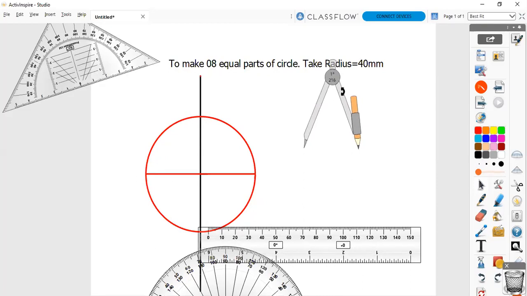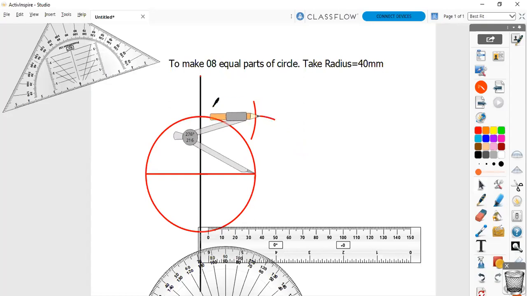So use this again to mark a point. Which point you have to mark and from where you have to mark is very important. First of all, you have to mark the radius at this point. Now you use it over here and make an arc like this.